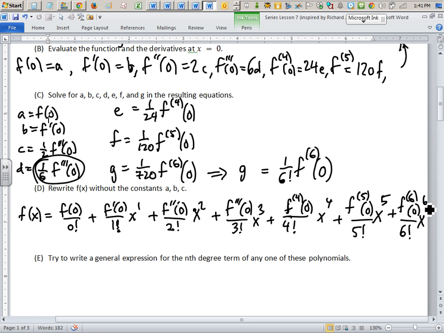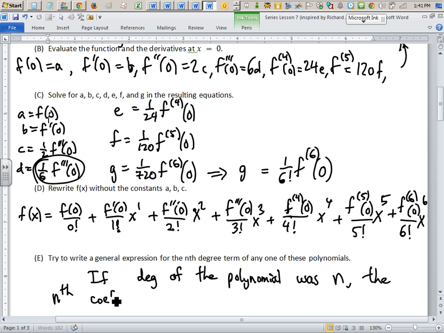If you had a degree n polynomial, if the degree of the polynomial was not 6, but n, the nth coefficient would be the nth derivative at 0 divided by n factorial, and it would be in front of an x to the n, of course.